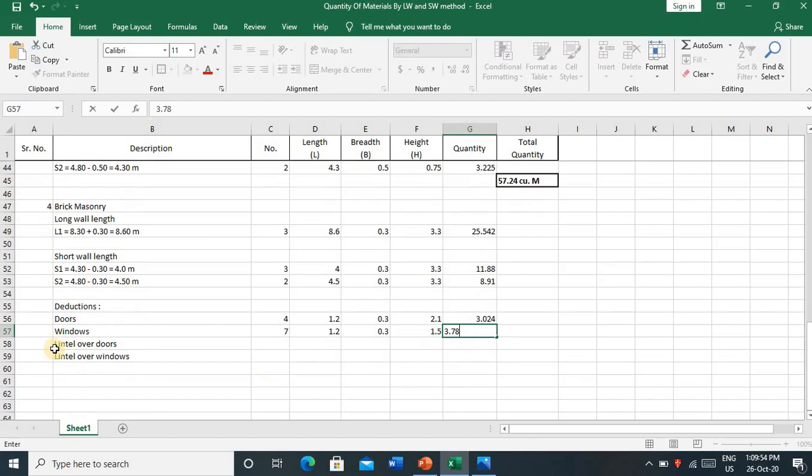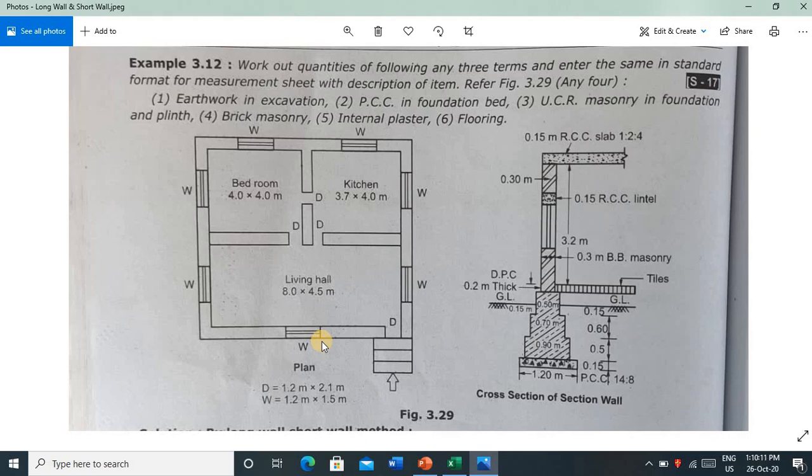Okay, now lintel over doors, number of doors are 4, so lintel over doors will also be 4. Now length, what will be the length?